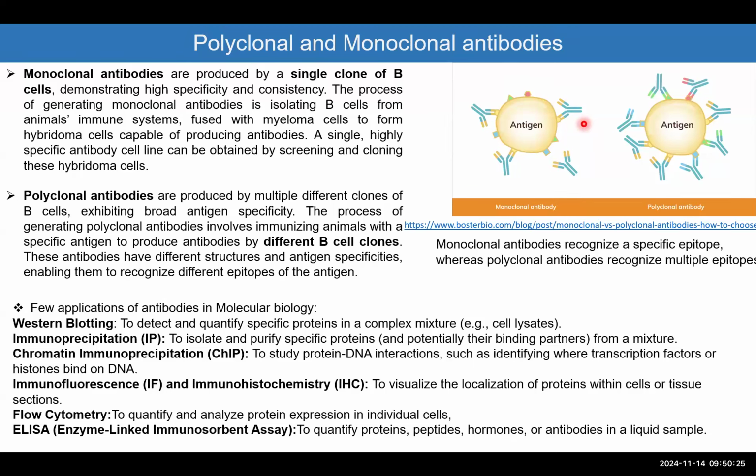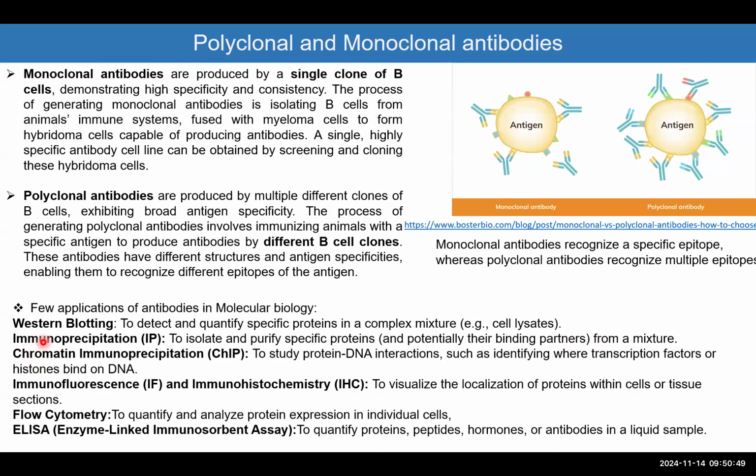Now with this, I'll just list for you a few of the techniques we will describe, and we will see the applications, like Western blotting to detect the quantity and the specific amount of protein in a lysate. If we want to immunoprecipitate a protein and see what other proteins bind to it, like its binding partners.